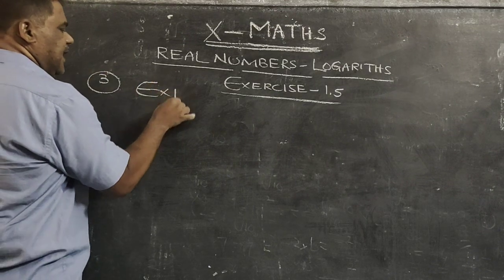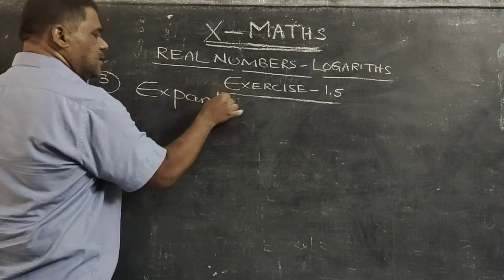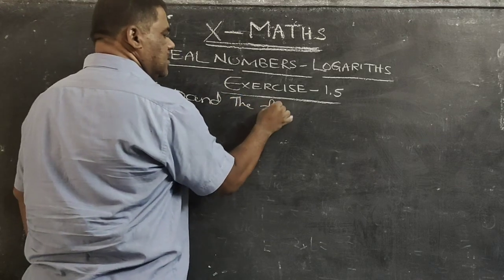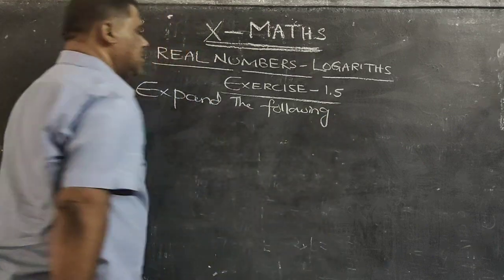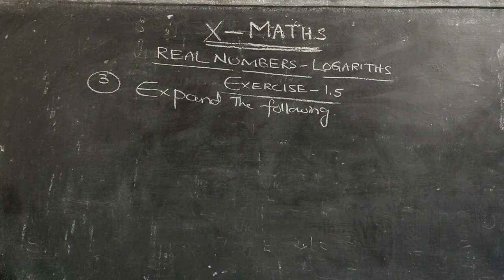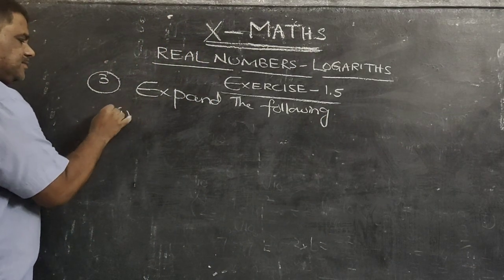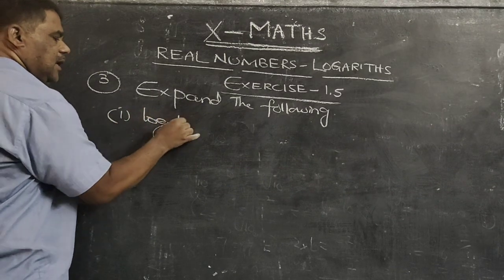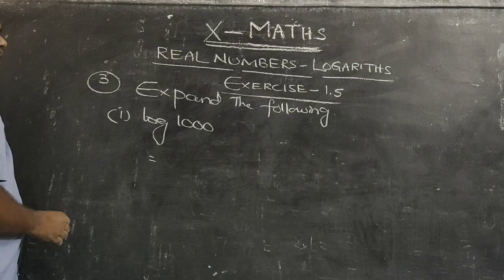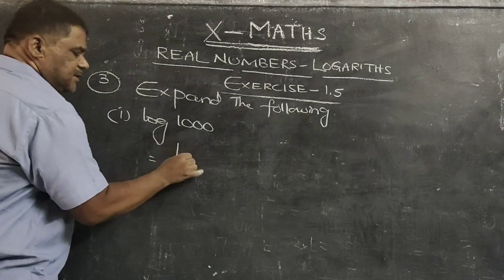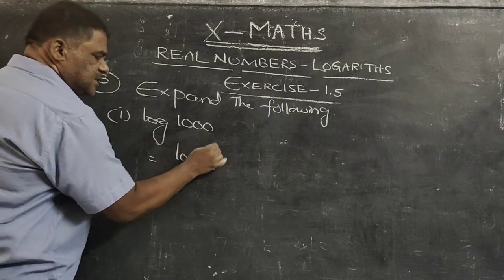Right, next one, expand the following. First bit, log 1000. Now log 1000 means we have to write 1000 as 10 cube.